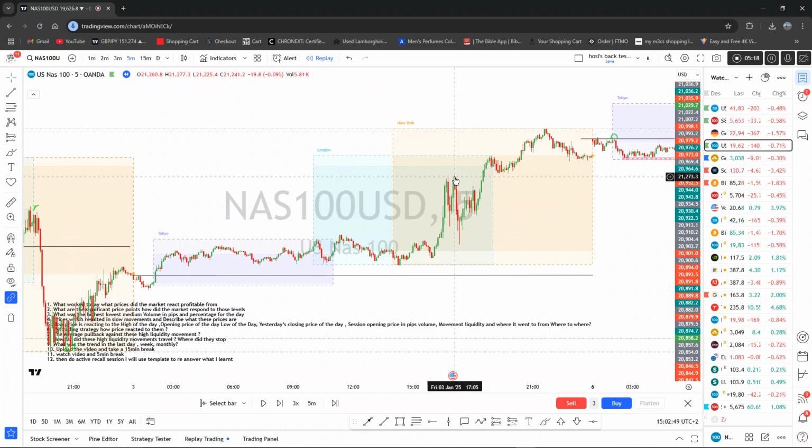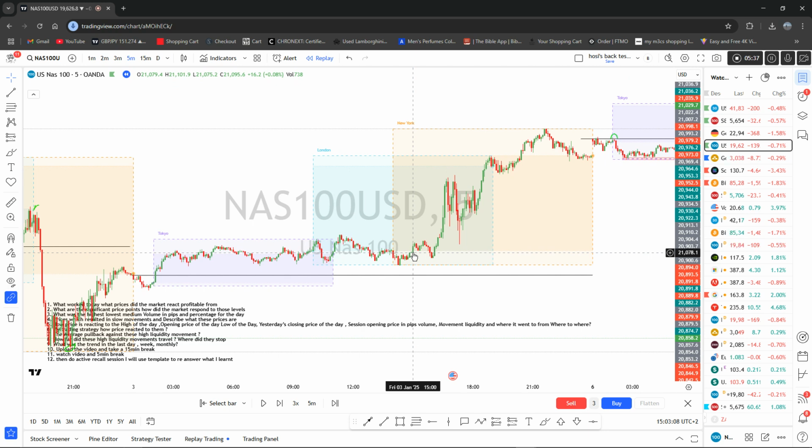At 15 minutes to 5, there was a retracement down, and there was a retracement at 5, to the opening price of New York.